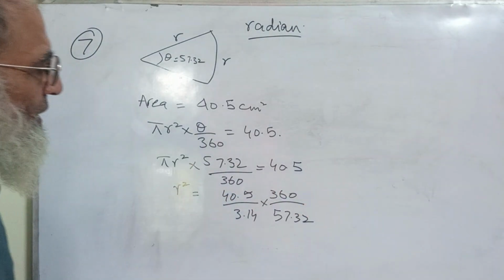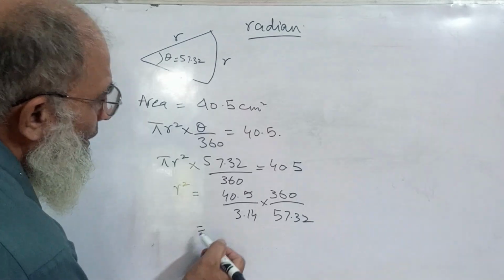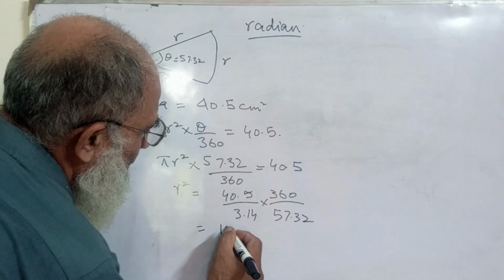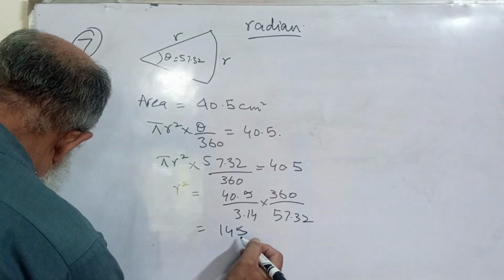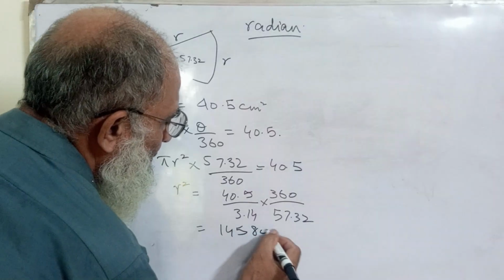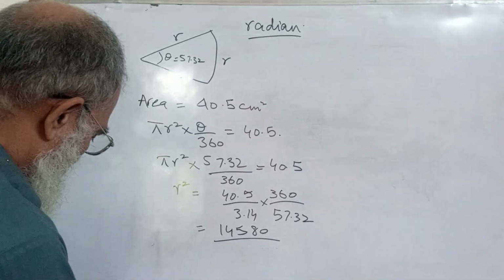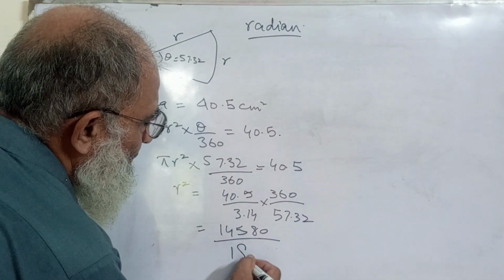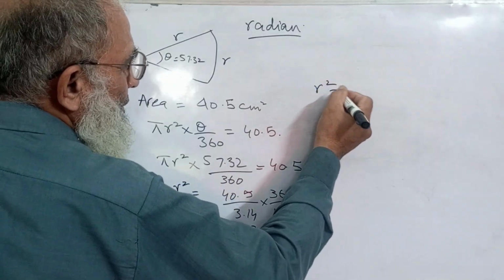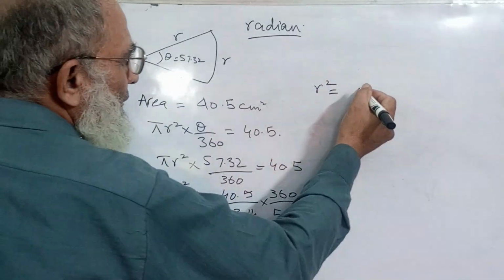Now it is much easier to calculate. 14580 multiplied by 57.3, which is almost 180, so r square is equal to 81.